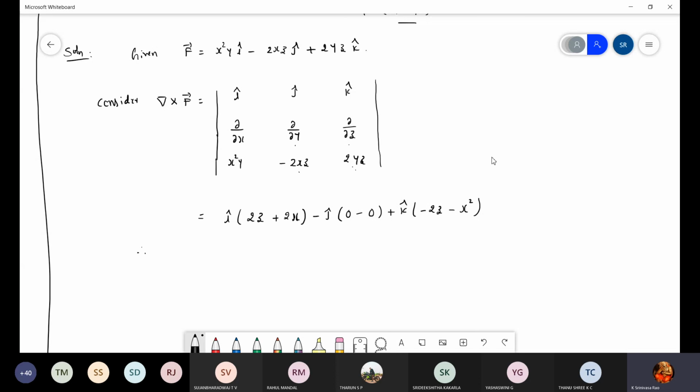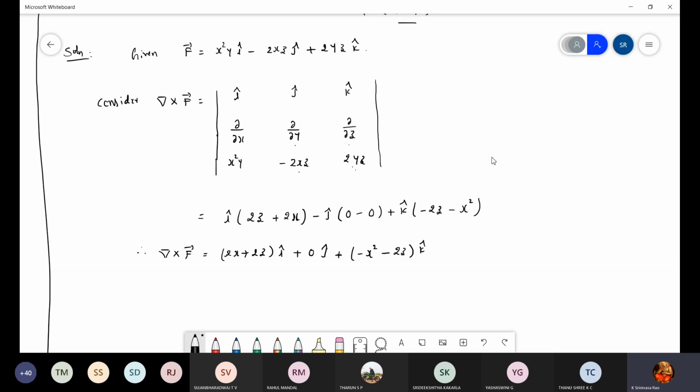Therefore curl f equals 2x plus 2z i cap. So because j is 0, I will write 0 j cap, because one more time I have to calculate the cross product, and this is minus of, or you can take it as it is, no problem. Okay, so minus x square minus 2z k cap.